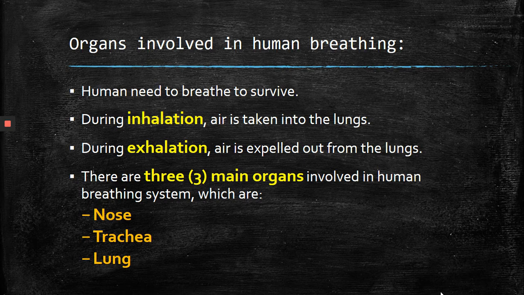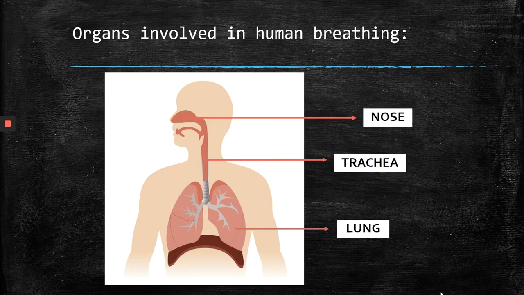There are three main organs involved in human breathing: nose, trachea, and lung. Here are the diagrams that are frequently asked in any test or quizzes. I think it's important for you to know the location of each organ.